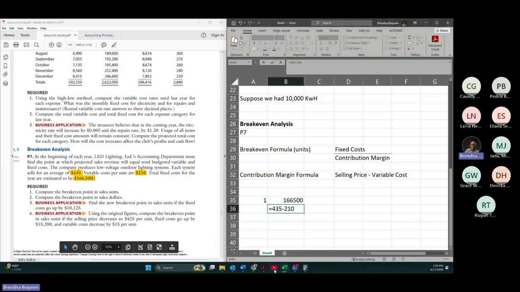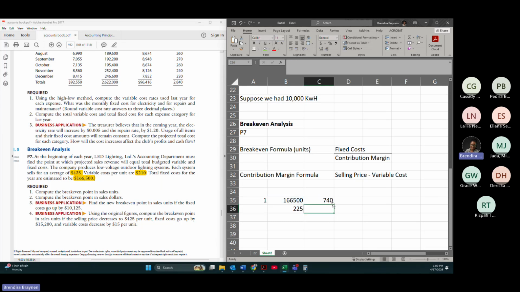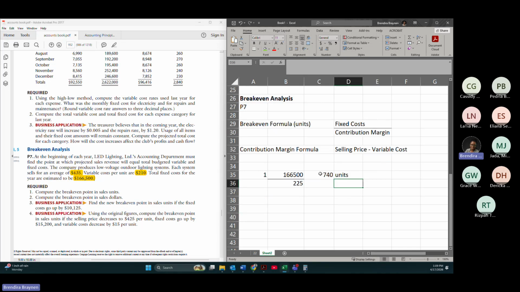So $225. So if I take this divided by 225, my break even in units is going to be 740 units. So in other words, I need to sell 740 units if I want to earn a profit of 0. Break even is the profit of 0. And so that would be how many units I need to sell to make $0.